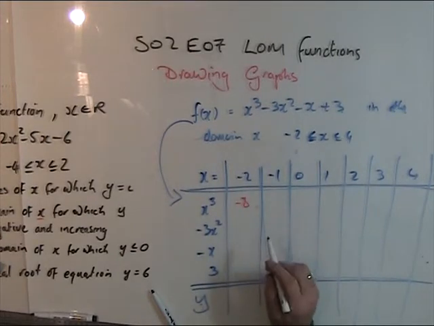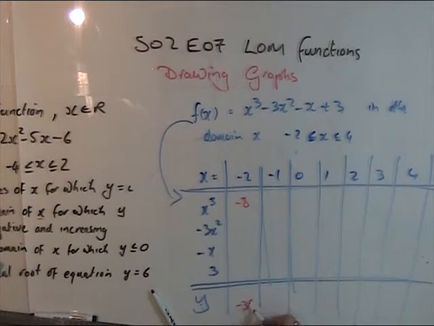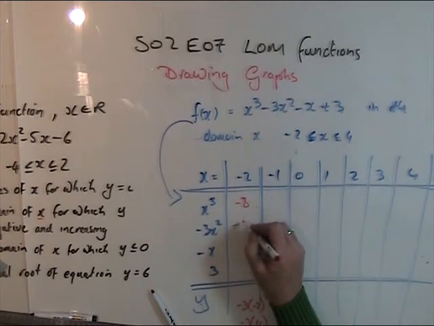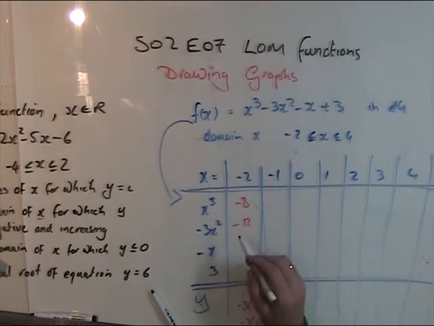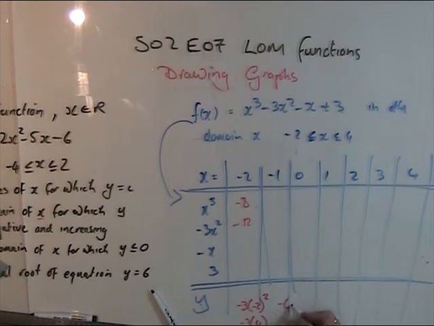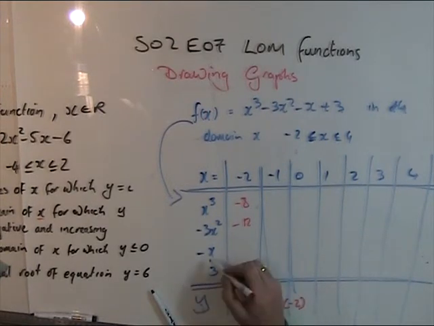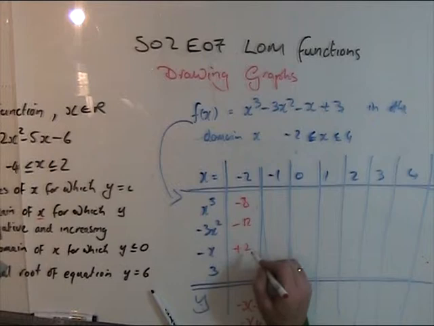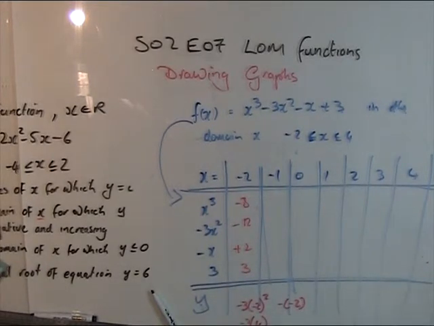And we put in minus 3 times minus 2 squared. So minus by minus is a plus, minus 3 by 4 is minus 12. And you have to be very wary, you need to do plenty of these questions. Minus x: minus x is minus minus 2, which is plus 2. And then we just have 3, and we put the 3 in.